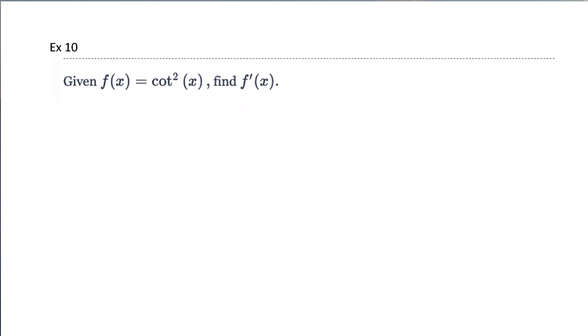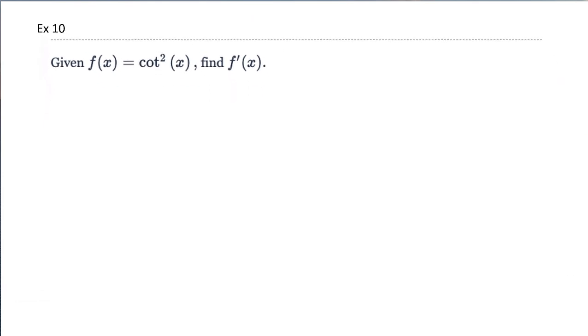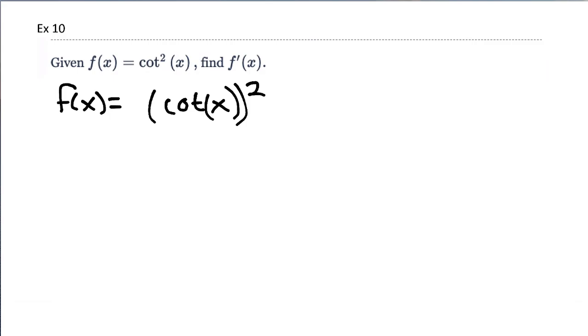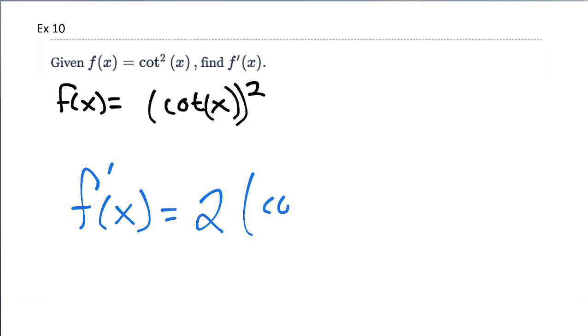All right, example 10, cotangent. So this is f of x equals the cotangent of x, to the second power. So if we're going to differentiate this, f prime of x is equal to 2, and then we have cotangent x to the first power times, now we have to differentiate the cotangent.